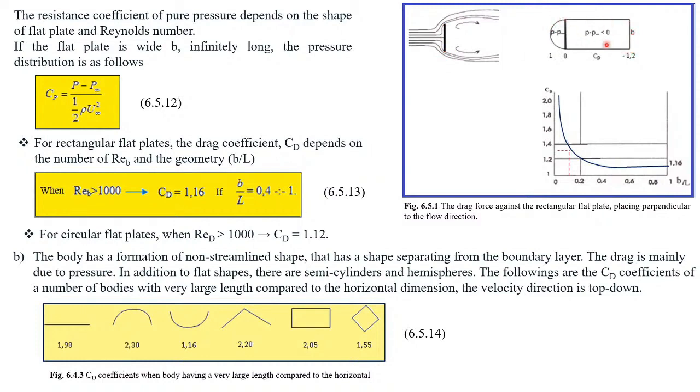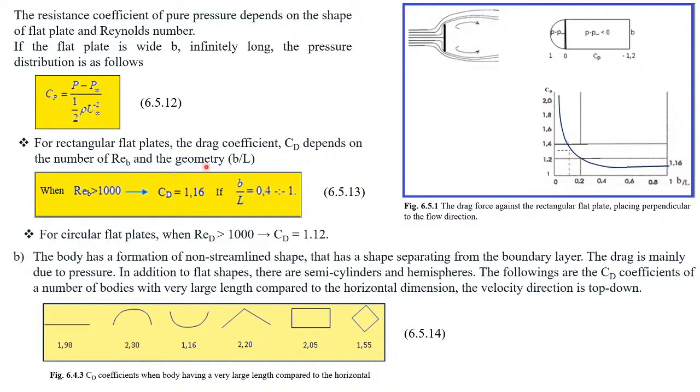Now we sum this one from left to right, and this one, because of negative, that means also from left to right. You sum this one and this one, you get the total pressure force acting on this plate. So you can see a formula to describe the value of CD, D here for pressure.